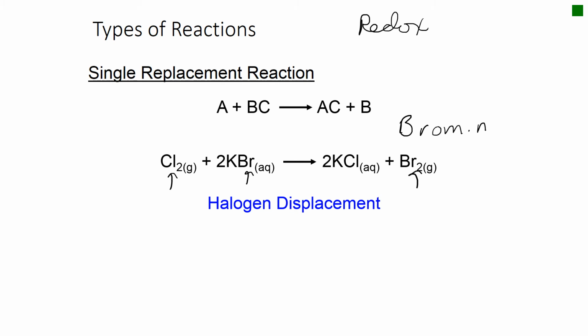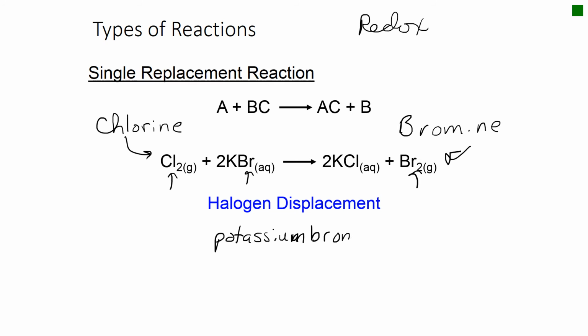And I showed this one in particular to remind you, when I say bromine, when I write my sentence out, you would need to recall that bromine is Br2. When I say chlorine, that means it's Cl2. But when it's in a compound, this is potassium bromide, because bromine is an ion when it's combined with potassium.